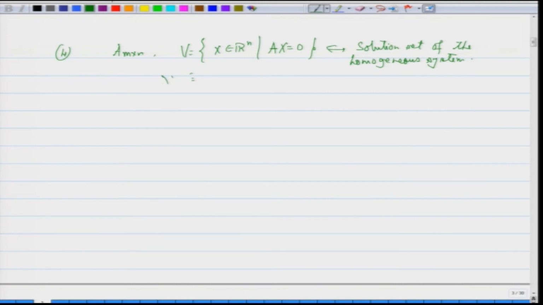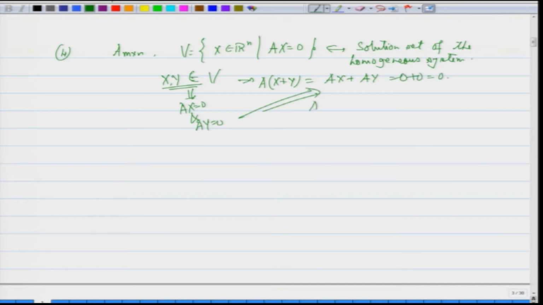So, if x and y belong to V, then A times x plus y is Ax plus Ay. x and y belong to V implies Ax is 0 and Ay is 0, and therefore this together implies that this is 0 plus 0, which is 0.